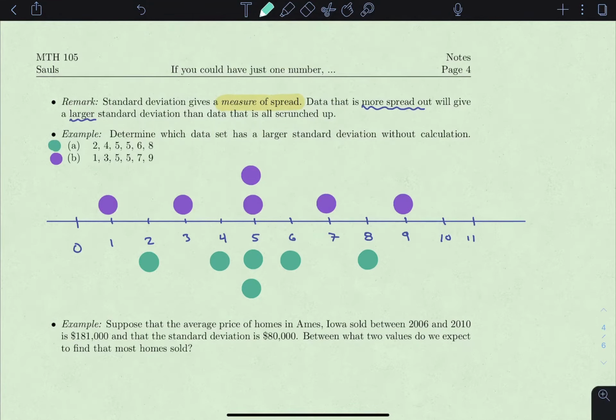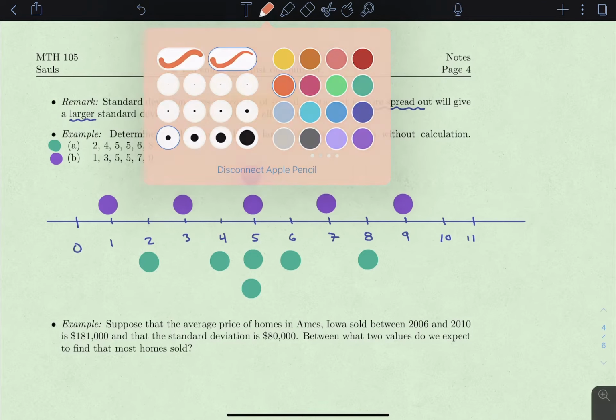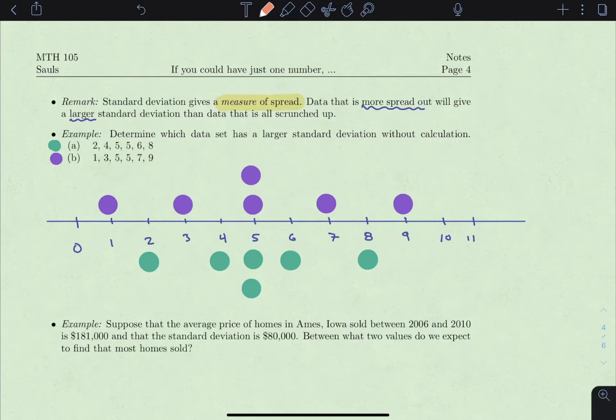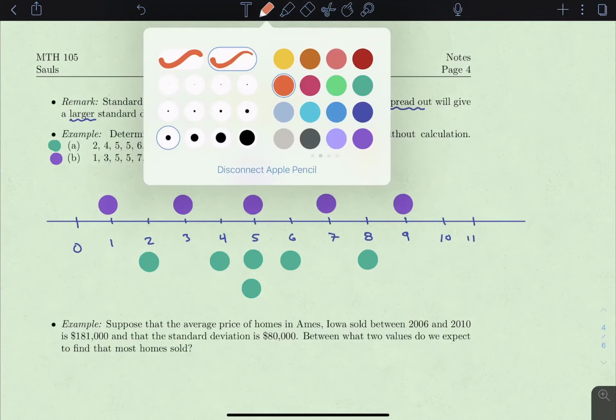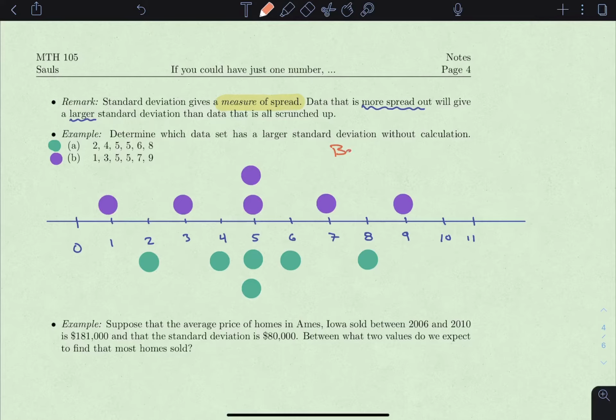And so by inspection, because the purple dots are more spread out from the center, the standard deviation will be larger.